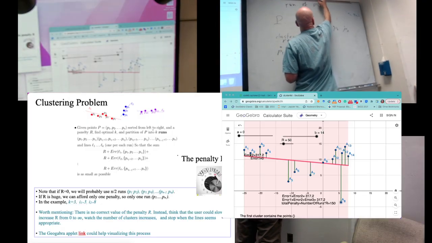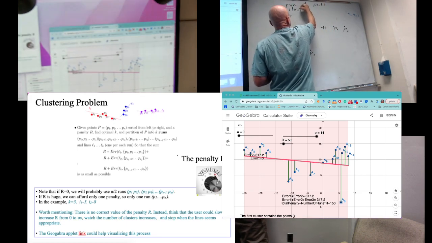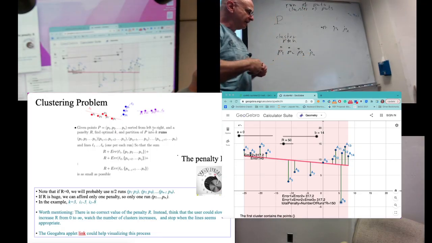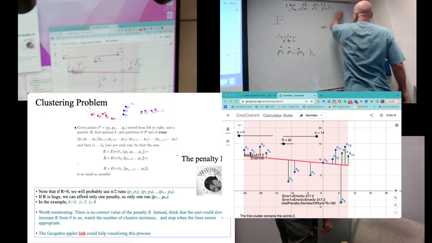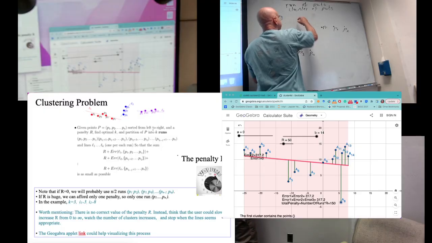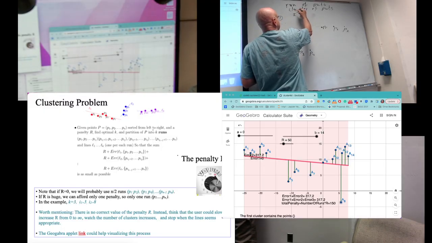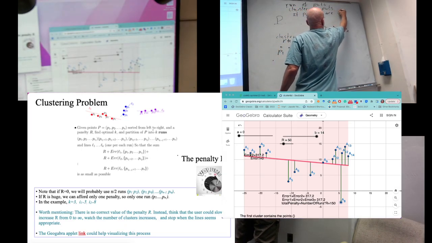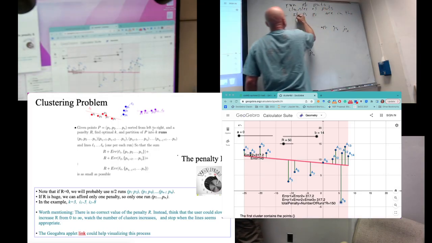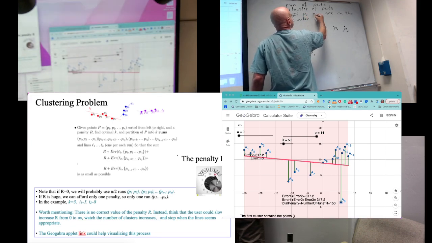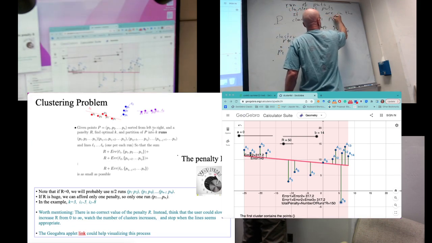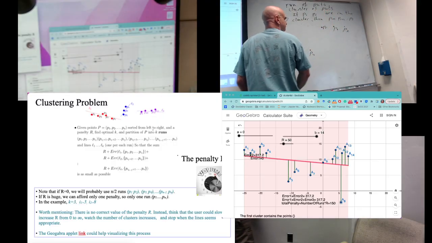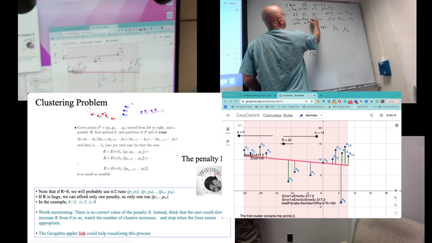The reason that I sometimes want to call it a run and not a cluster is that if Pi and Pj are in the cluster, then Pi+1, Pi+2, up to Pj are also in the same cluster.